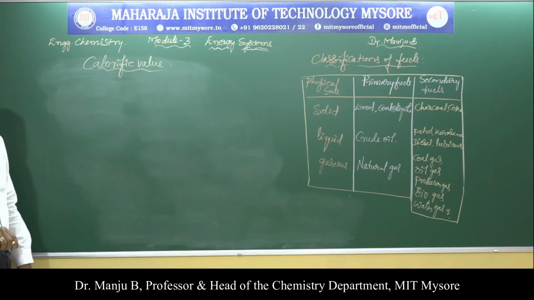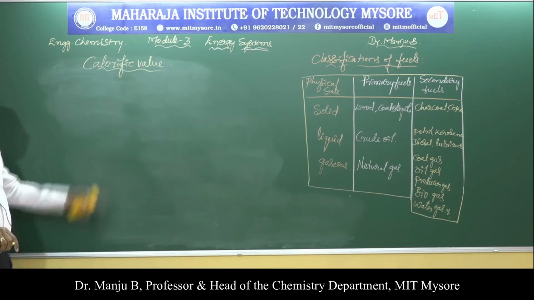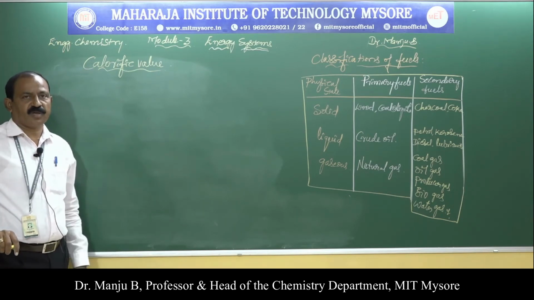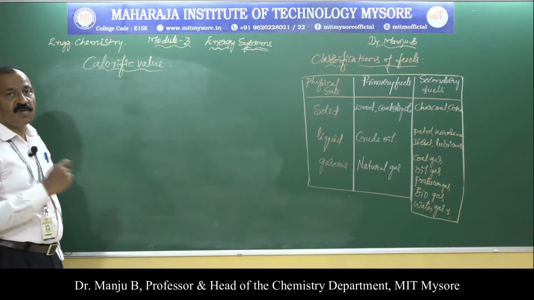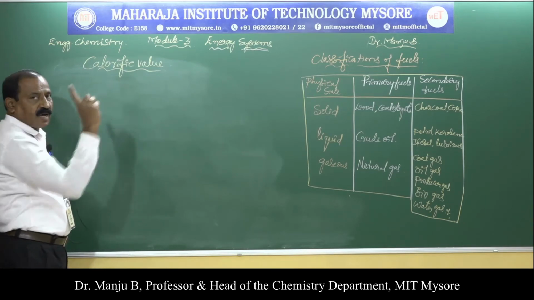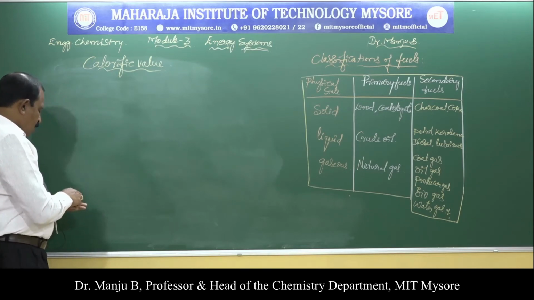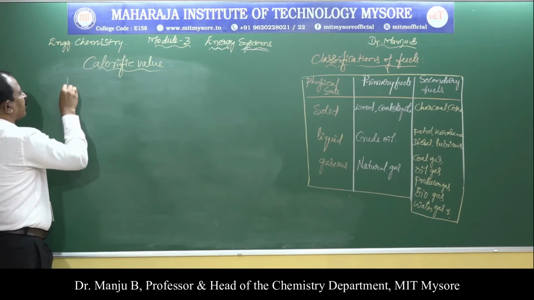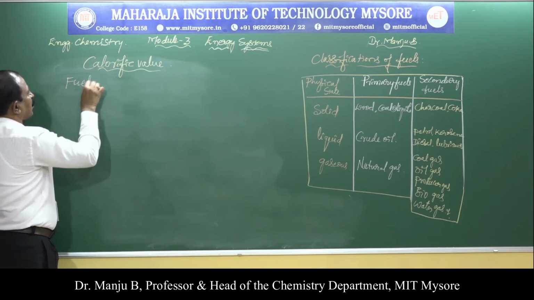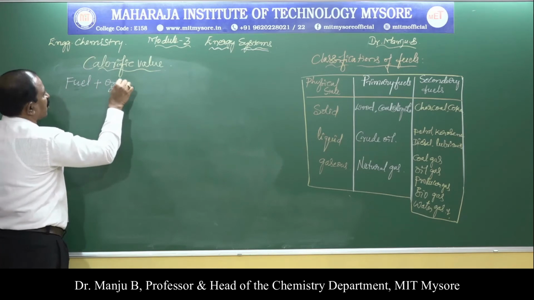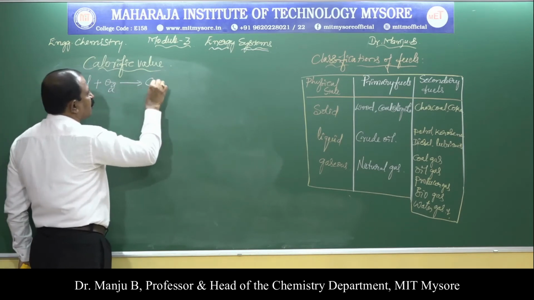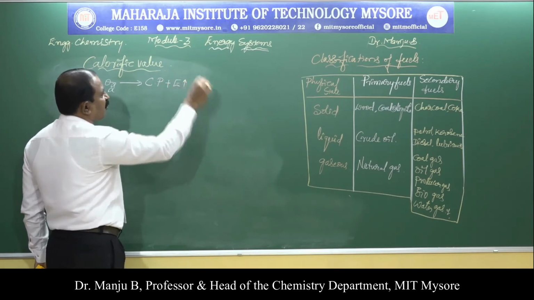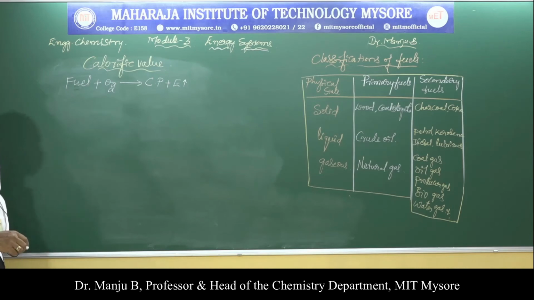Now, calorific value can be defined as the total amount of heat energy liberated when 1 unit quantity of fuel is completely burnt in excess of air. That gives the calorific value. A good example is the chemical equation: you take the fuel, it undergoes combustion in presence of oxygen, and gives combustion products plus energy in the form of heat, light or power.